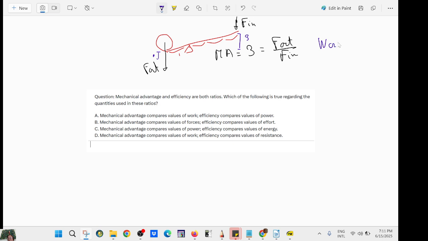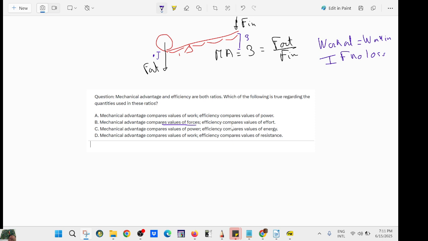So work out should be equal to work in if there is no loss. Okay, so first of all, mechanical advantage, I know what it is. It's forces, okay? So yes, so that will be B, and it's the only one.